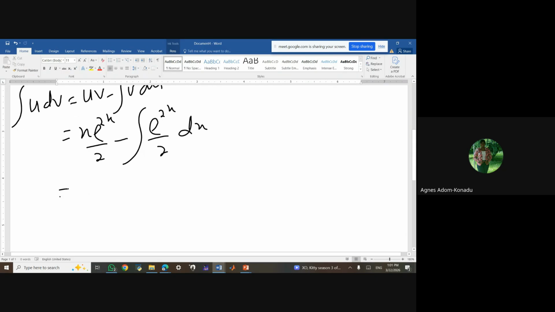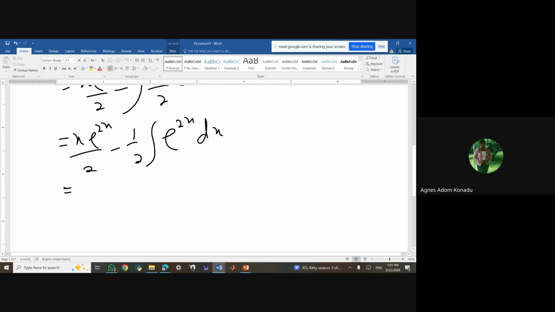So this is the same as x e to the power 2x over 2 minus, I can bring 1 over 2 here, the integral of e to the power 2x dx. So we can go ahead and continue. This is x e to the power 2x over 2 minus 1 over 2. Please, what do we get when we integrate e to the power 2x dx?